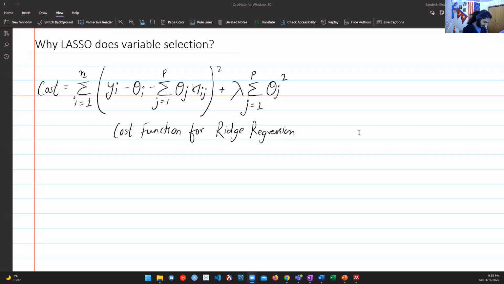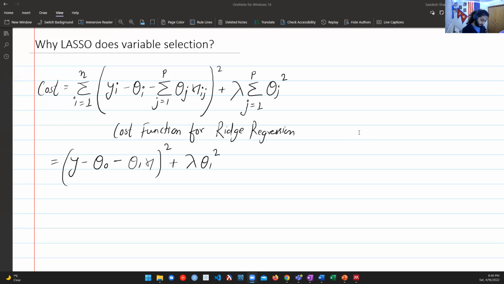It's going to look like (y minus theta naught minus theta 1 x) whole square plus lambda theta 1 whole square, because we are taking only one instance with only one feature. Just for simplicity, let's open up that equation.